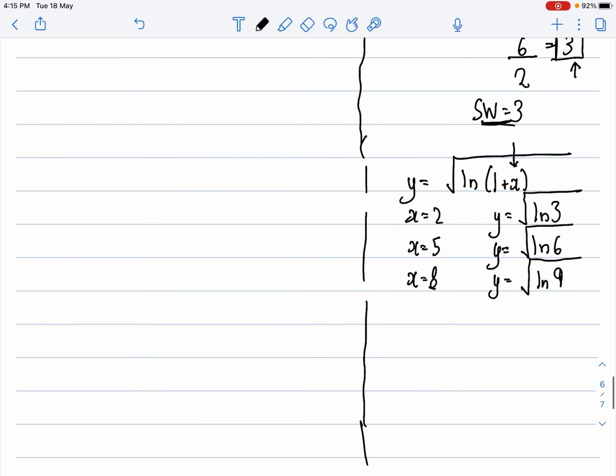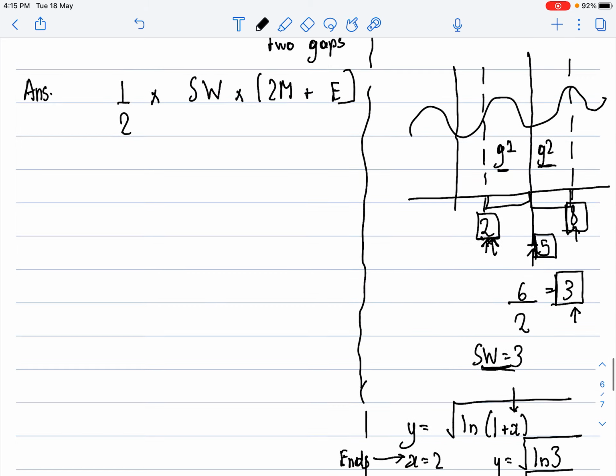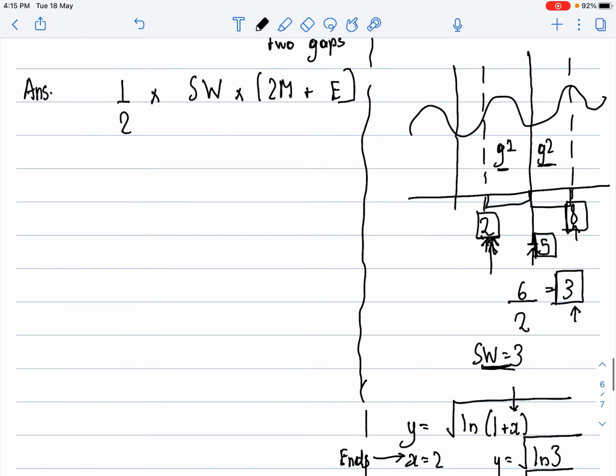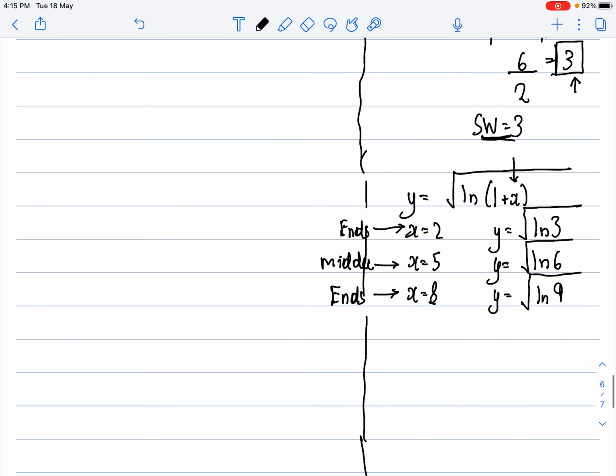So now I need to know these are my ends. Okay? These two are my ends. And this is my middle. Because basic common sense, if my graph is from 2 to 8, 2 and 8 are my ends and 5 is the middle. So now basically we need the y values here. Y values are important.